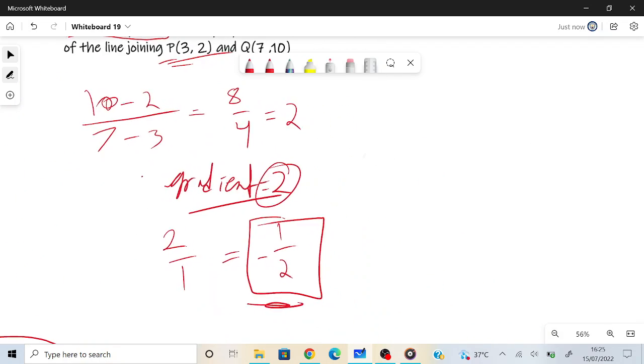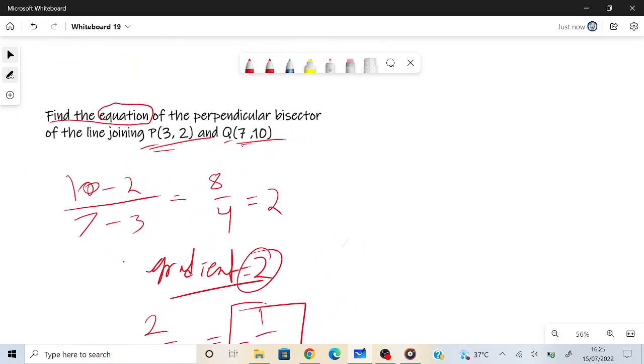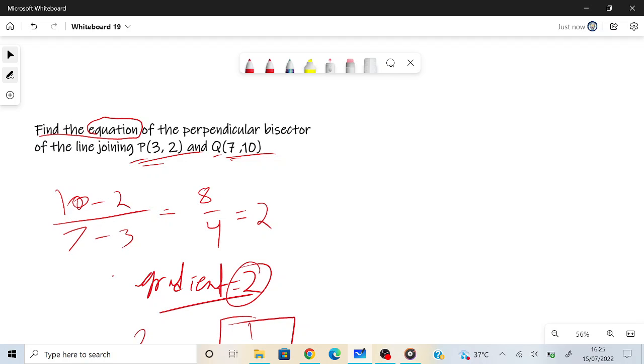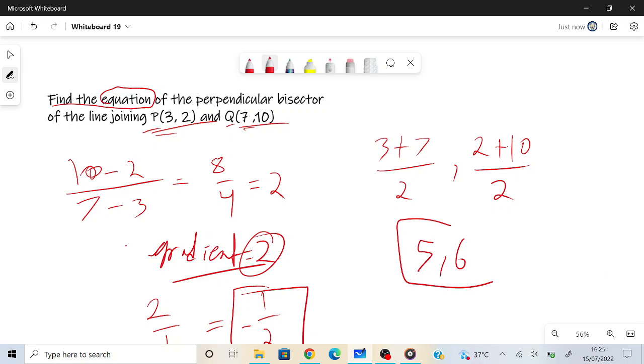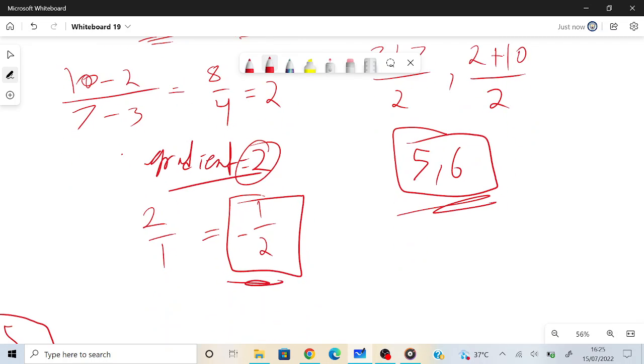So midpoint is simply x1 plus x2 over 2, y1 plus y2 over 2. So 3 plus 7 over 2, 2 plus 10 over 2. This would be 5, 6, because 3 plus 7 is 10, divided by 2 is 5, and 2 plus 10 is 12, divided by 2 is 6. So we have the midpoint.